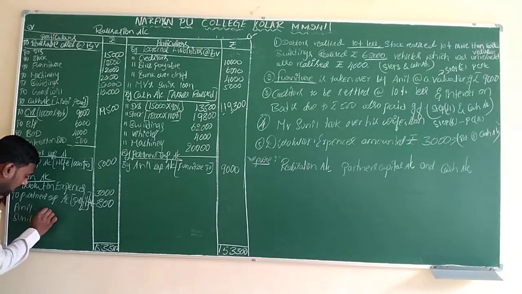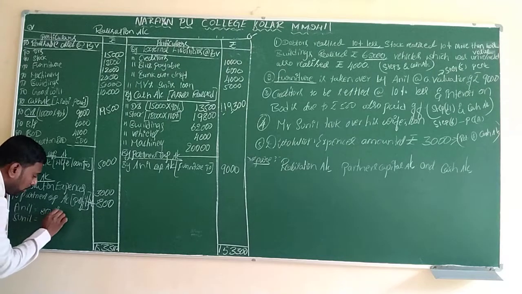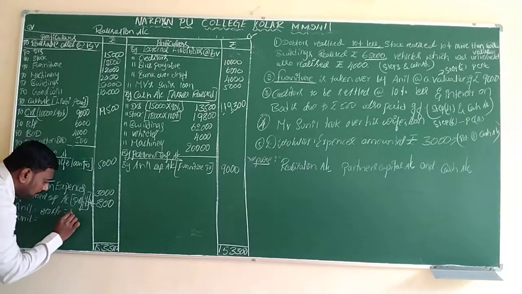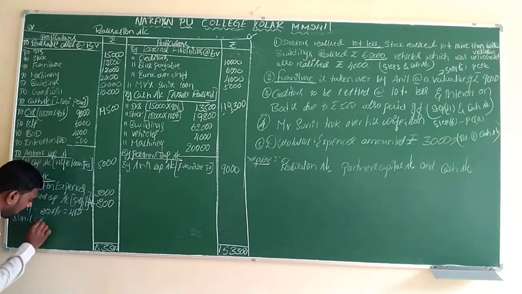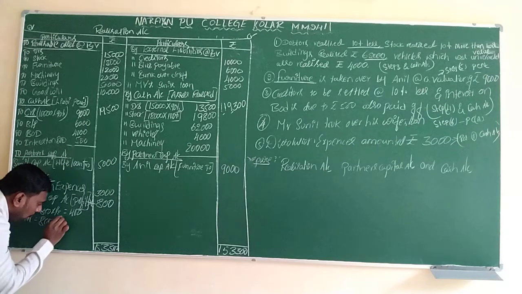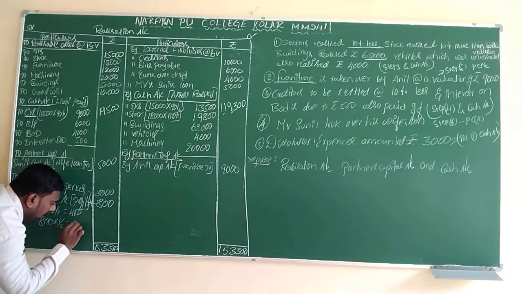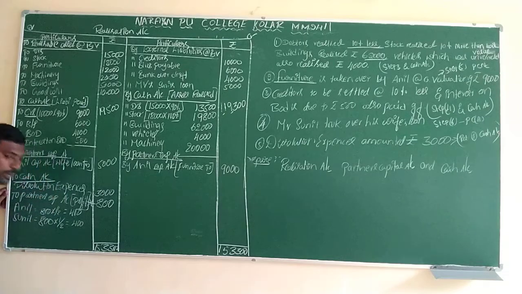Therefore 800 into 1 by 2. There is no ratio given, so we have to distribute it equally. 400 for one partner, again 800 into 1 divided by 2, we will get 400 for the second partner. So totally we have completed the process of the realization account in this manner.